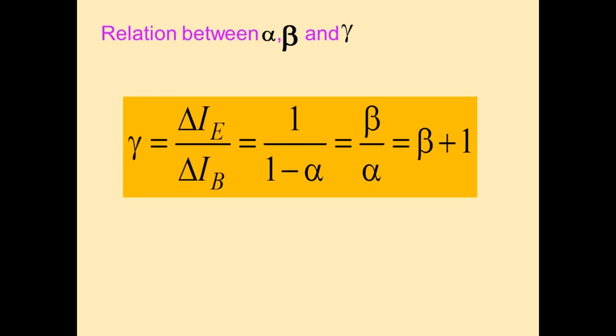Gamma equal to beta plus 1, this is the relation between beta and gamma. So from this relation you can understand very clearly that among all three configurations, current gain is maximum in the common collector configuration, because gamma equal to beta plus 1, we are adding 1 to beta, so gamma is greater than beta.